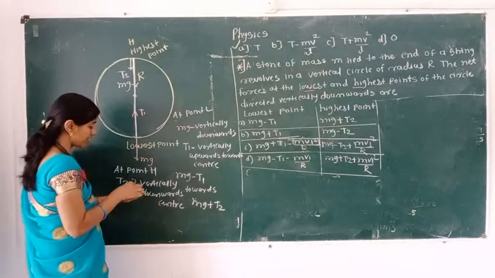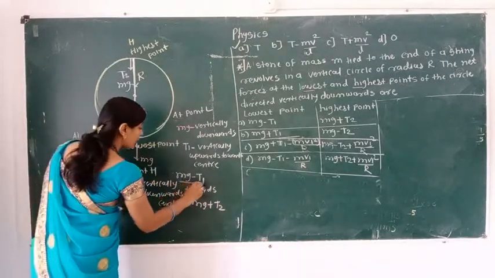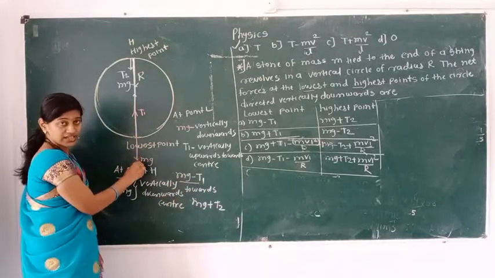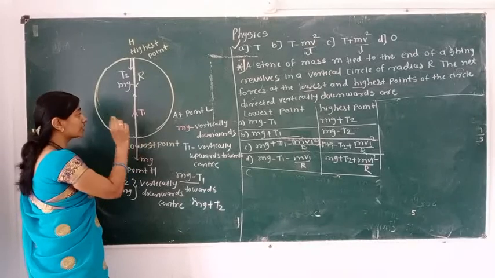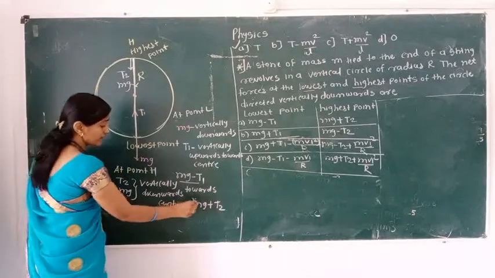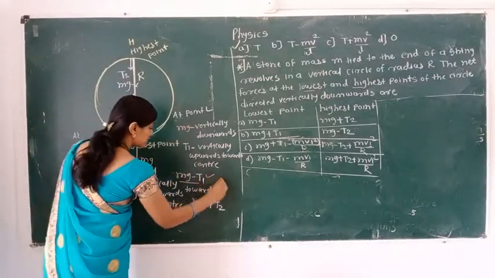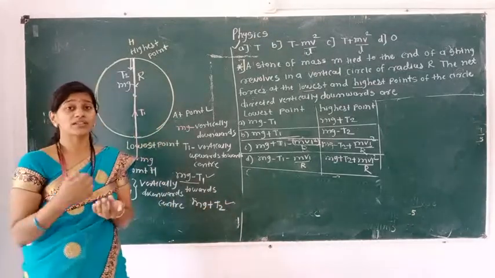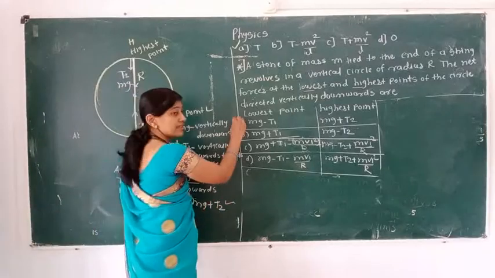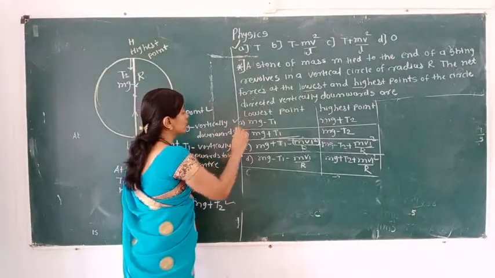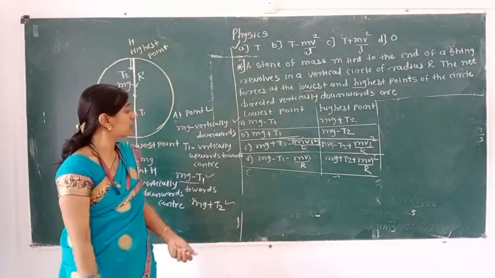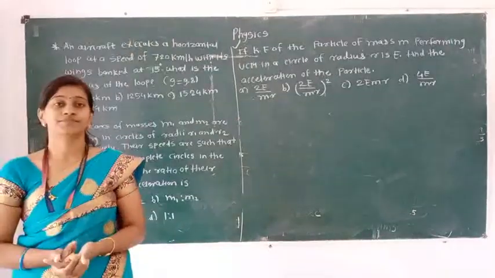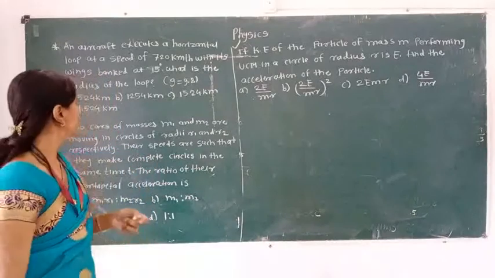So such a way we are getting the correct option. At point L here it is mg minus T1. Why? mg is vertically downward, T1 is vertically upward toward the center. And here at point H, the both are directed vertically downward but toward the center. Okay, so here we are getting the first MCQ is our correct. Let me move toward the next MCQ.